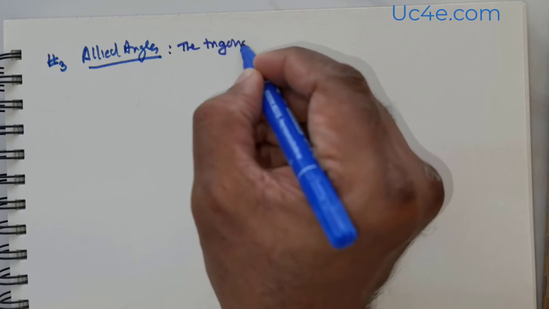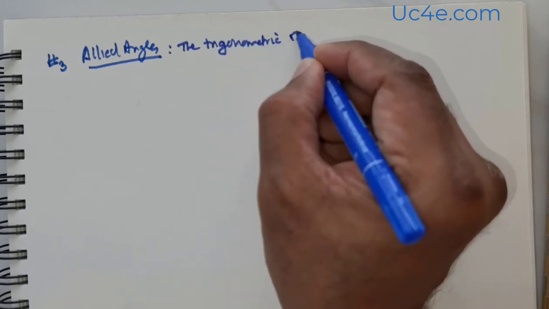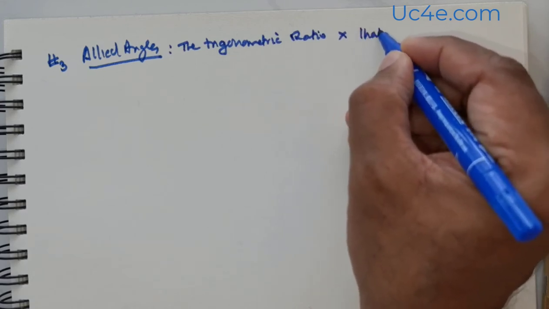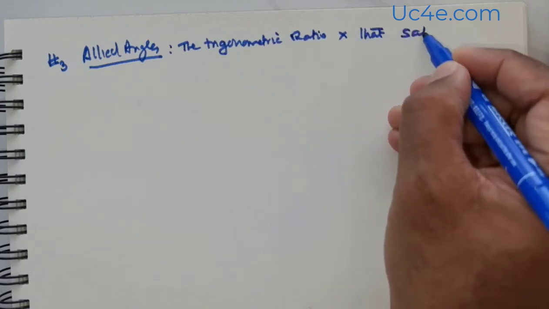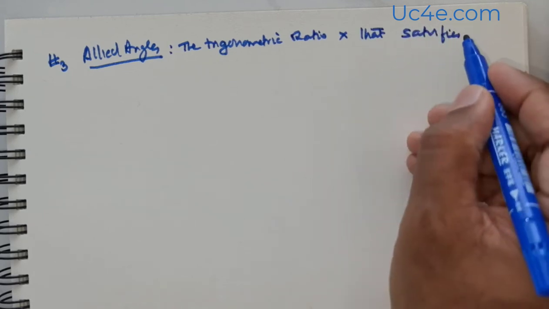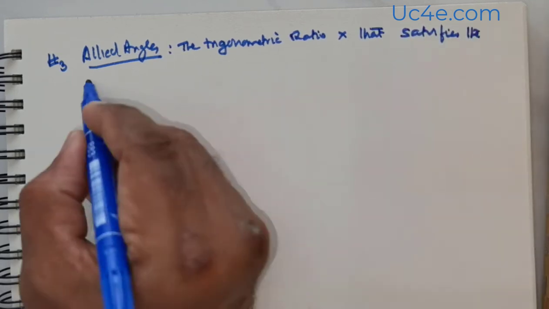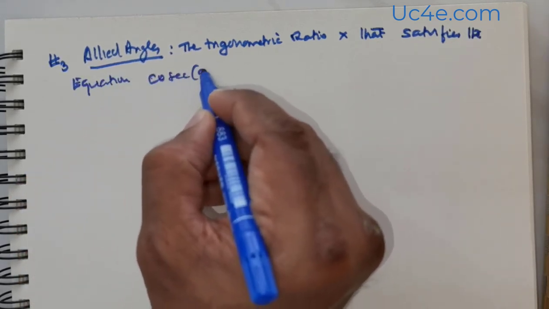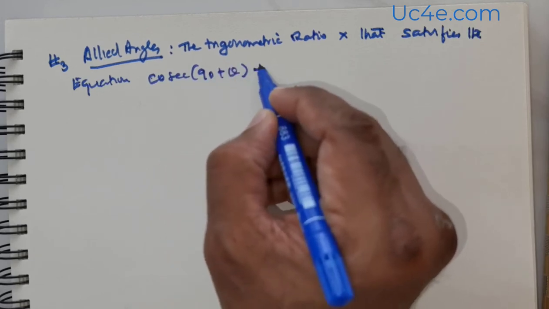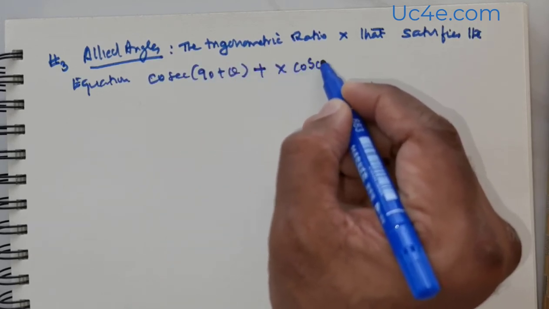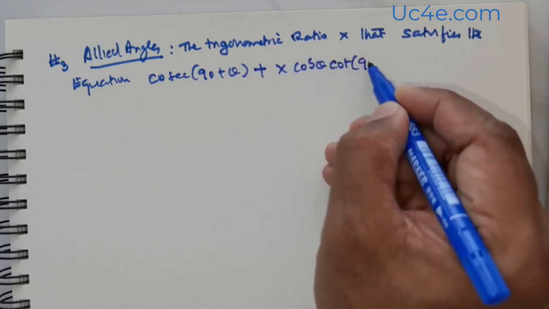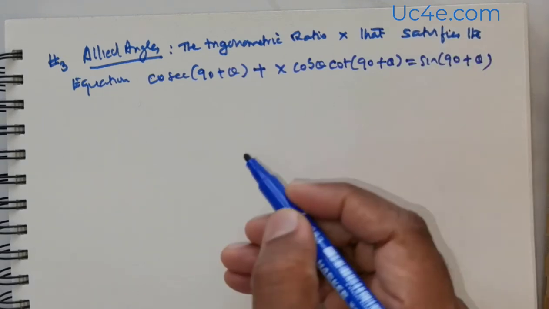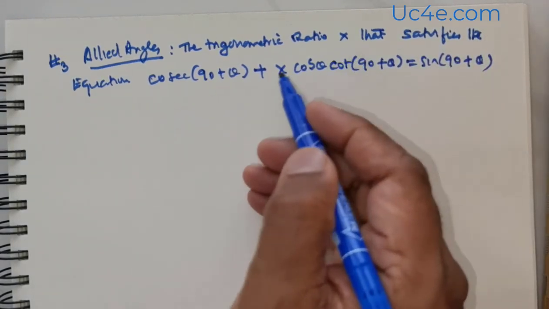The trigonometric ratio x that satisfies the equation cosecant of 90 positive theta positive x times cos theta times cot of 90 positive theta is equal to sine of 90 positive theta. So we are expected to find that x.